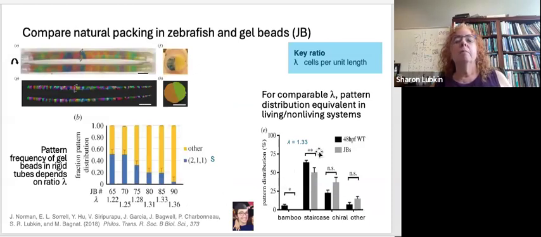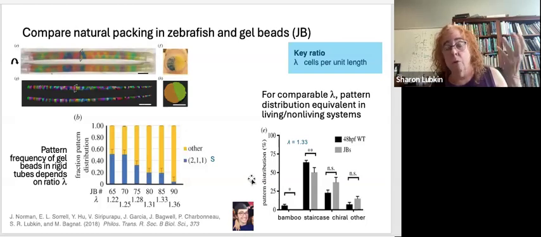And when we compared the distribution of patterns, we can't control the lambda of the notochord system because it's an animal, but we can certainly control the lambda in the gel bead system by putting in more or fewer beads. But for the average lambda of a particular notochord, we could look at the equivalent gel bead lambda and look at the statistical distribution of the patterns.